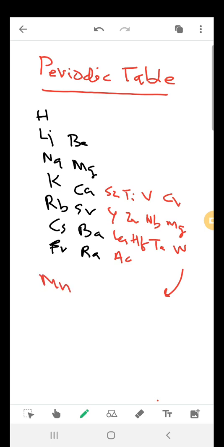Then continuing, we have manganese, technetium, and rhenium. Then we have rhodium and iridium. Then we have cobalt. So this is Ru and this is Rh.